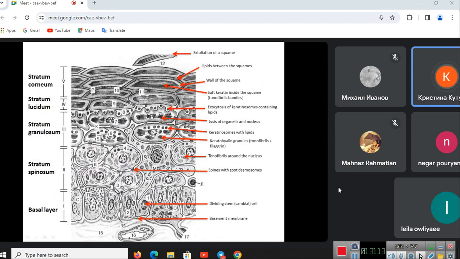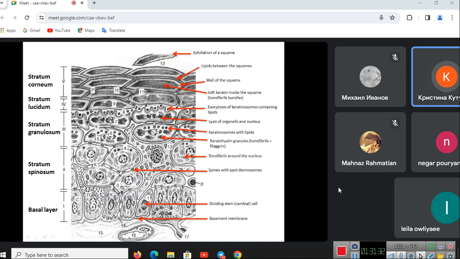Also, in the stratum spinosum, the second type of granules start to be formed, which is called keratinosomes. These small black circles, these are called keratinosomes. They contain lipids.